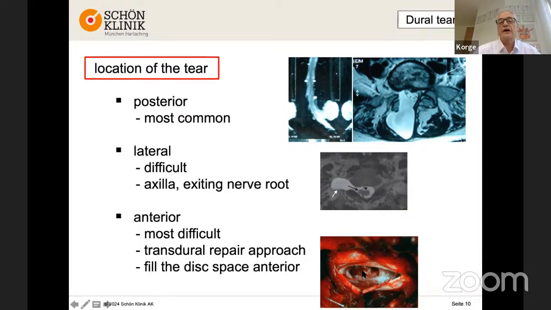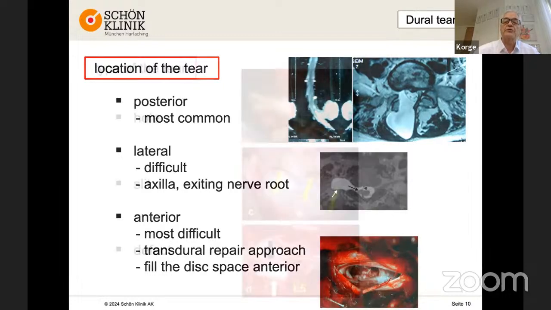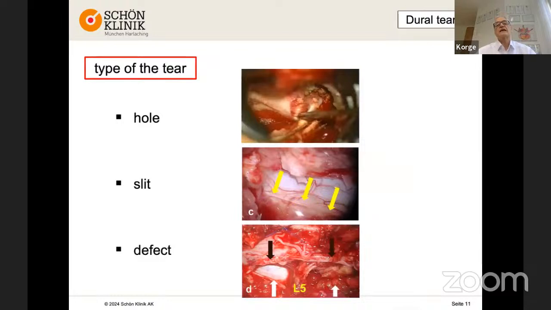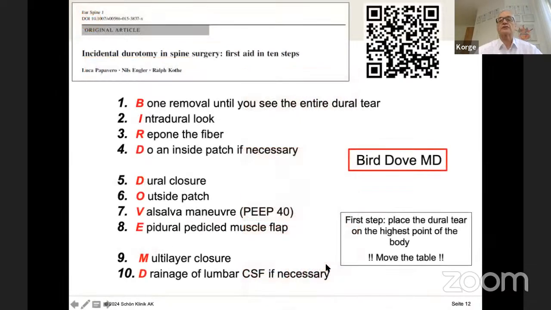And of course, if you have had disc surgery before, I would recommend filling the disc space prior to this. And of course, you can have different types of tears. You can have a hole, which is easy to close or even to patch. You have a slit, which is also easy to suture. As you see here, there would be a defect somewhere here, and this is a little bit challenging for the closure.